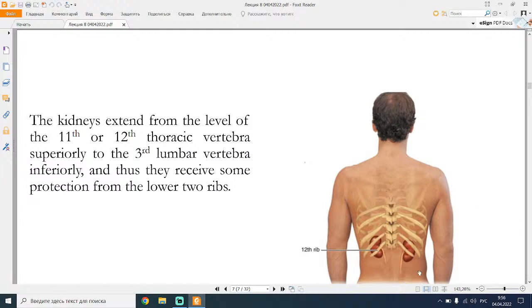The kidneys extend from the level of the 11th or 12th thoracic vertebra superiorly to the third lumbar vertebra inferiorly, and thus they receive some protection from the lower two ribs.